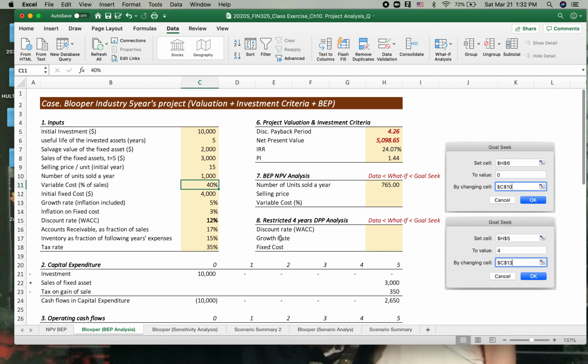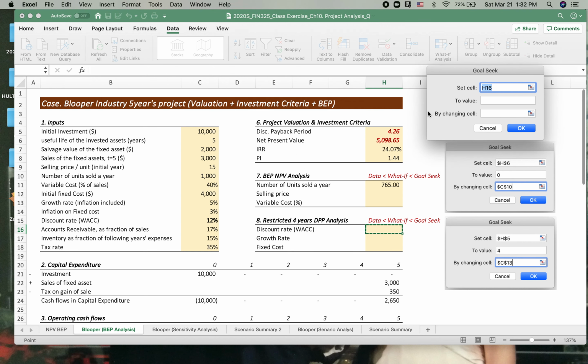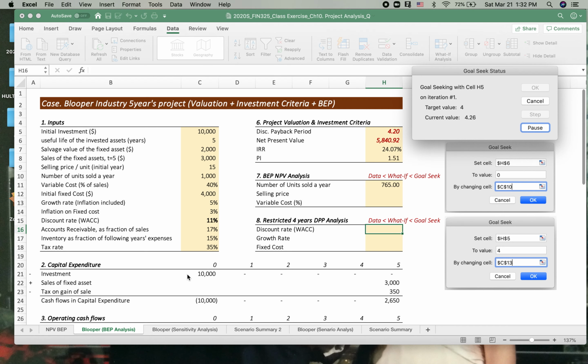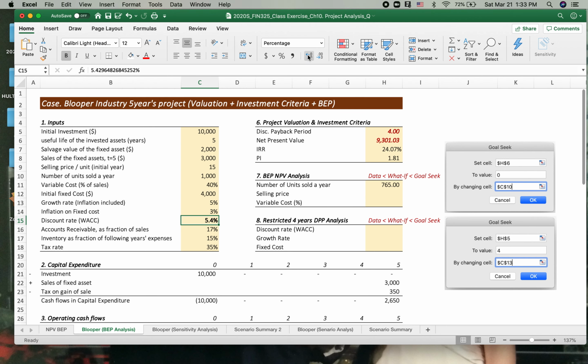In that case, we can also set up Goal Seek: What-If Analysis, Goal Seek. Set the cell, the discounted payback period, to value 4 years restricted period, by changing the cell, the input variable we want to change, 12%. Okay, then we got the 5%. The 5%, I guess, is a little bit different.